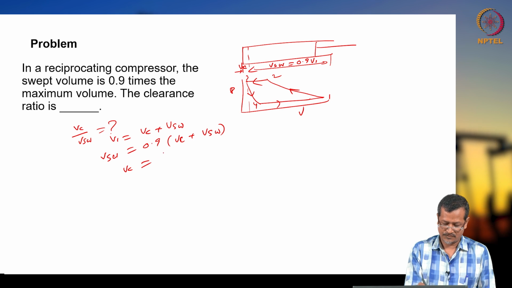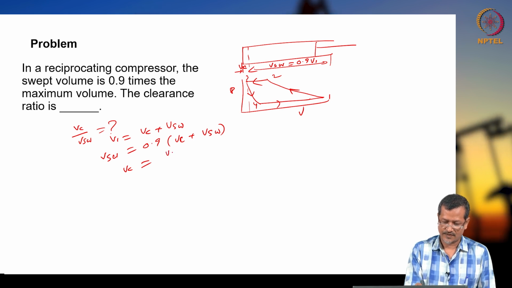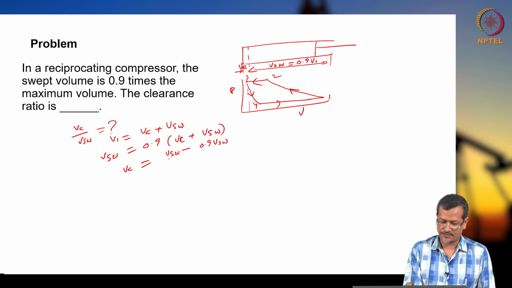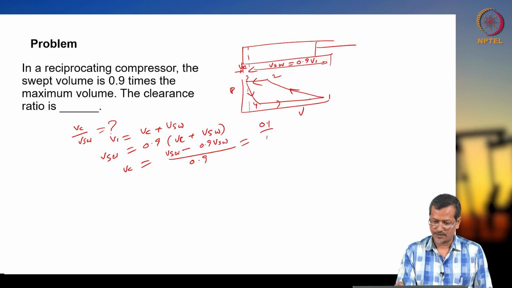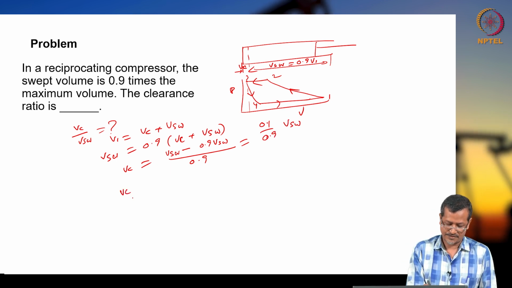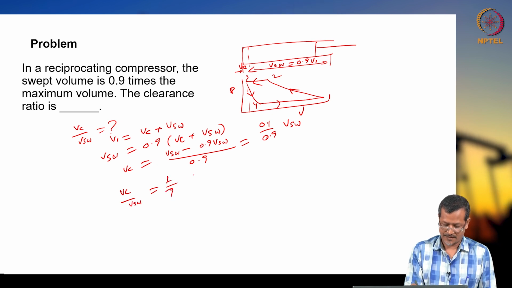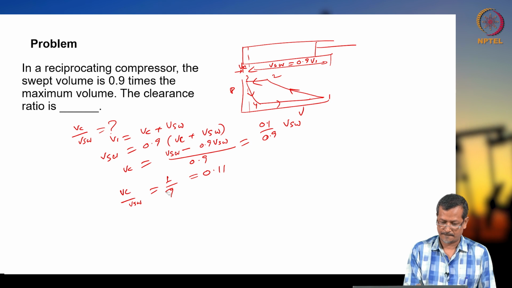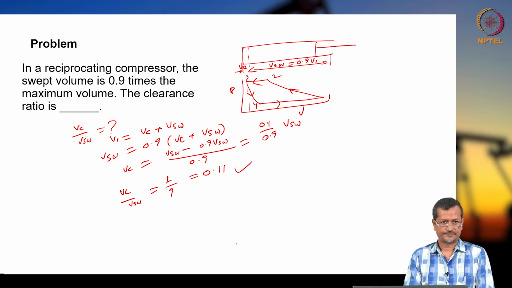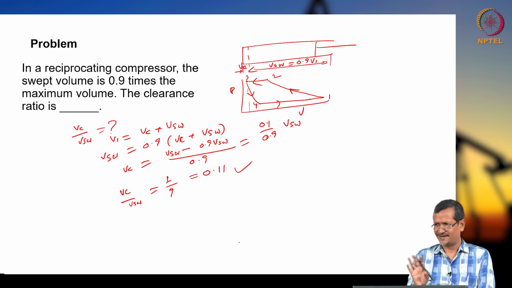So VC equals (VSW minus 0.9 VSW) divided by 0.9. This gives 0.1 by 0.9 VSW. So VC by VSW equals 1 by 9, which equals 0.11. This is your answer. It is simple mathematics, nothing else. There is no complexity actually.